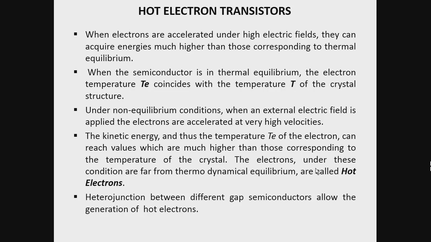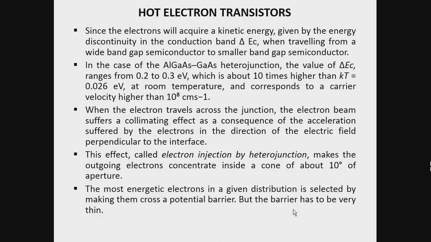Heterojunctions between different gap semiconductors allow the generation of hot electrons, since the electrons acquire high kinetic energy given by the energy discontinuity in the conduction band, delta Ec, when traveling from a wide bandgap semiconductor to a small bandgap semiconductor.